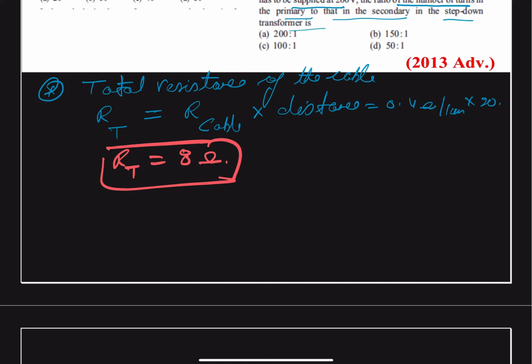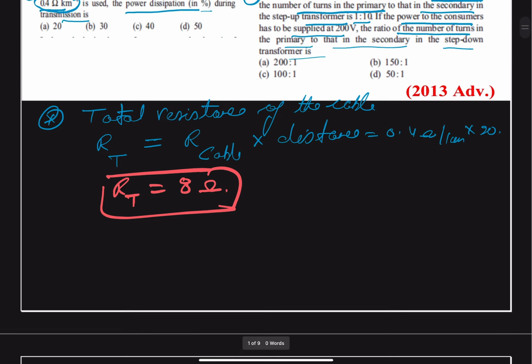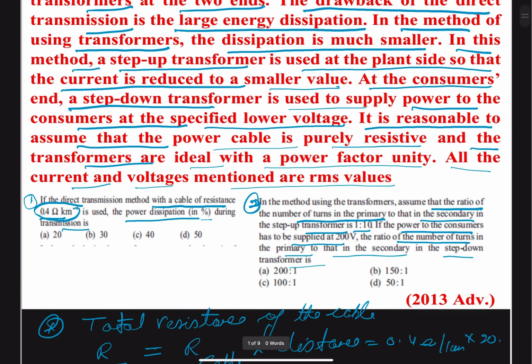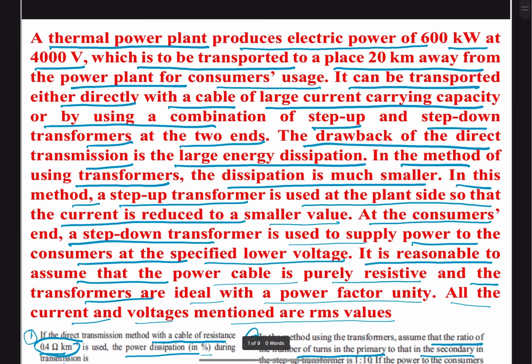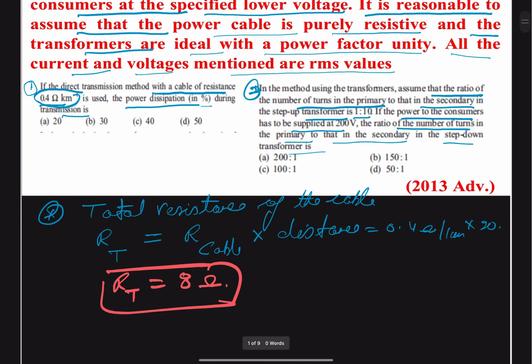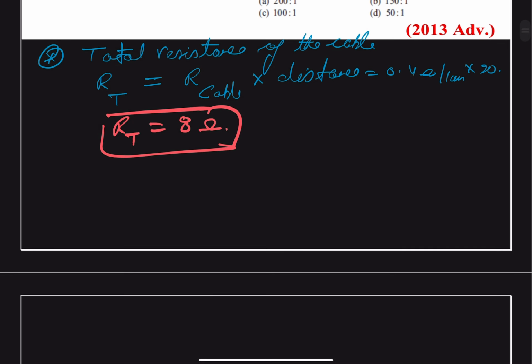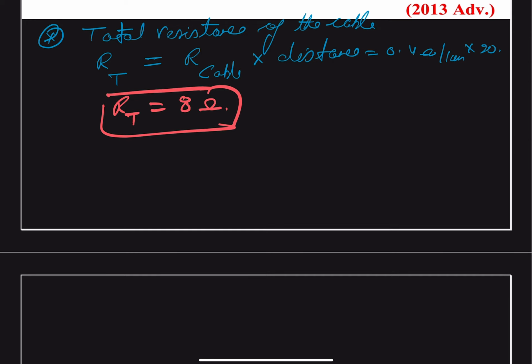Now we are given the power, which is 600 kilowatt. From here we can find out the current in the transmission line. Transmission line is nothing but the cable.